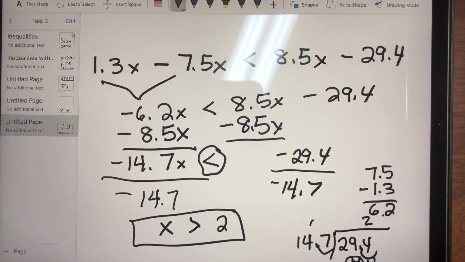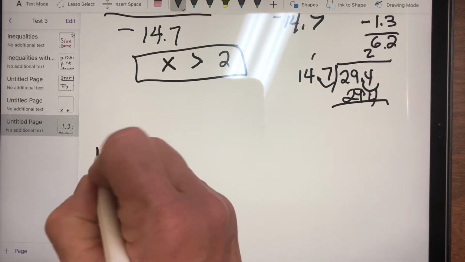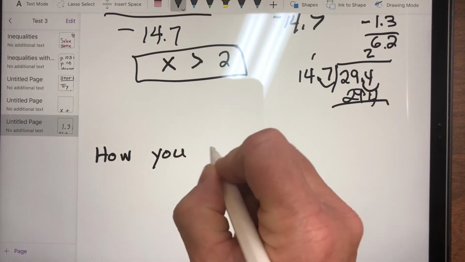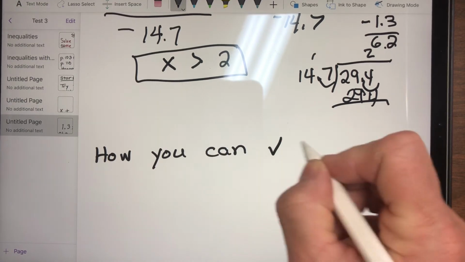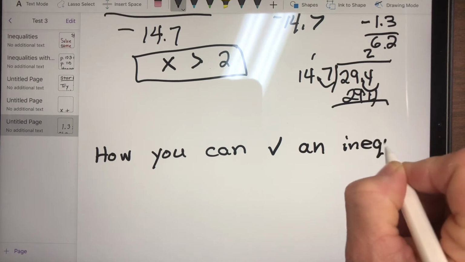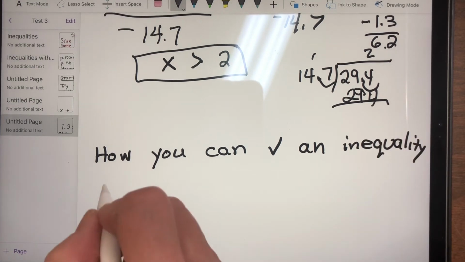Now, I want us to look at how you can tell that your inequality is right. So this is how you can check an inequality. Let's look at the graph.